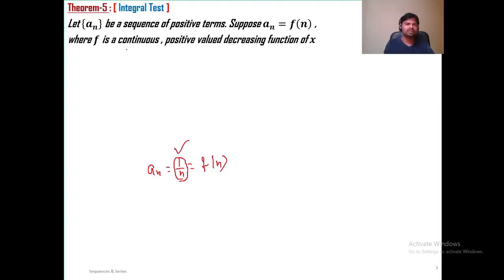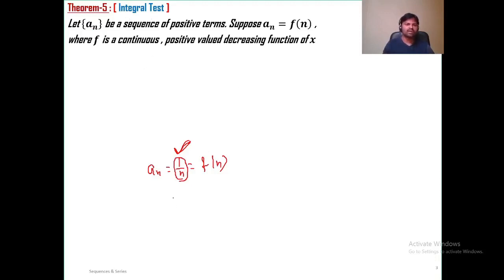So 3 conditions must be satisfied. The nth term of the sequence is nothing but your function f. So such functions must be continuous, positive valued, and decreasing. Such kind of sequences only will be considered in this integral test.